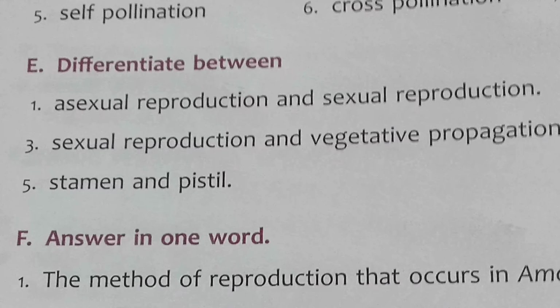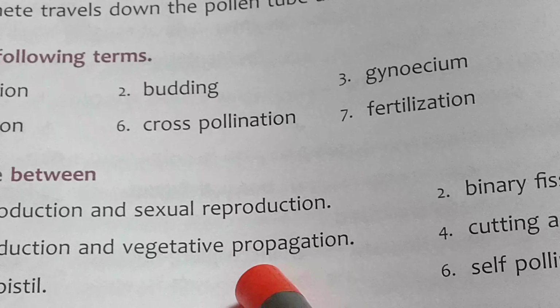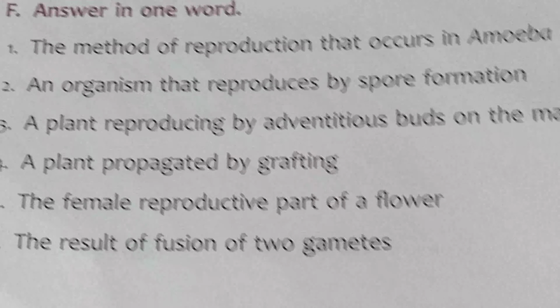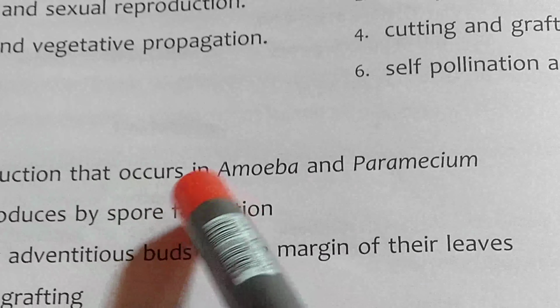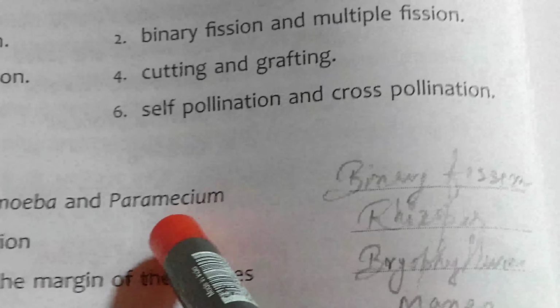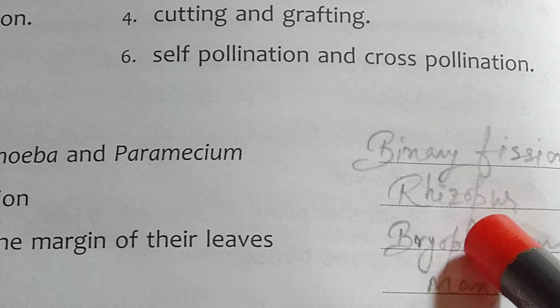Next, differentiate between. You will learn the differentiation from your book. Next, answer in one word. The method of reproduction that occurs in amoeba and paramecium, that is binary fission. An organism that reproduces by spore formation is rhizopus, bread mold.